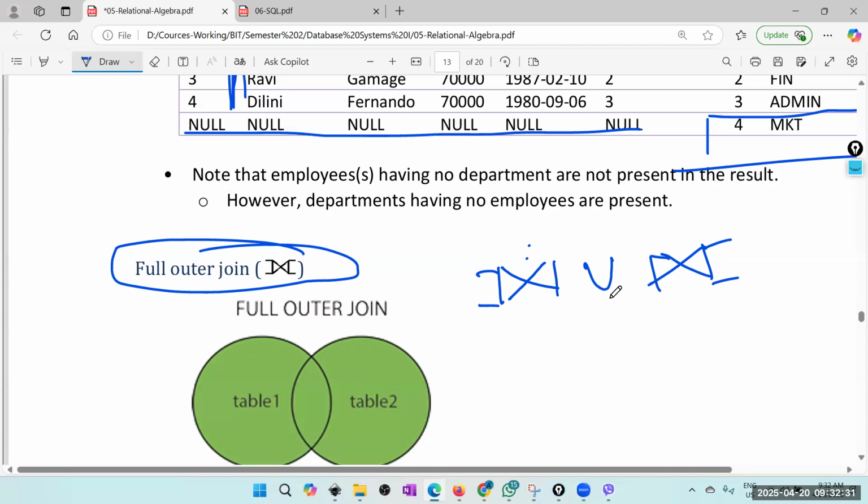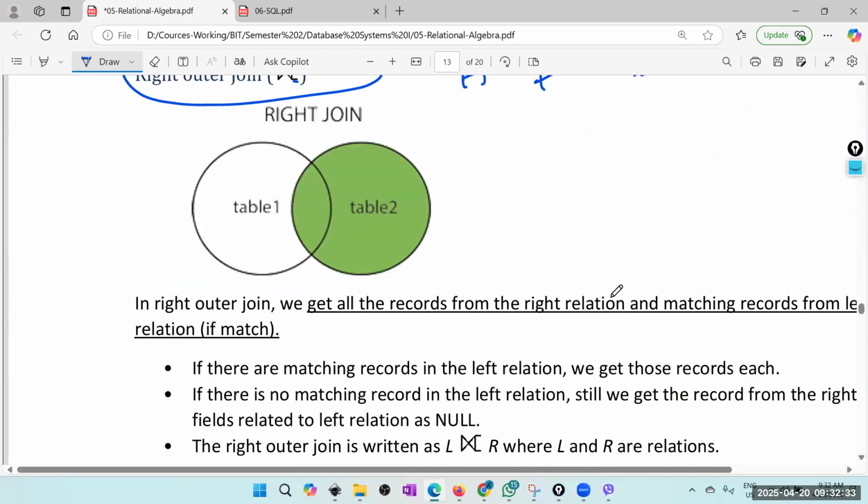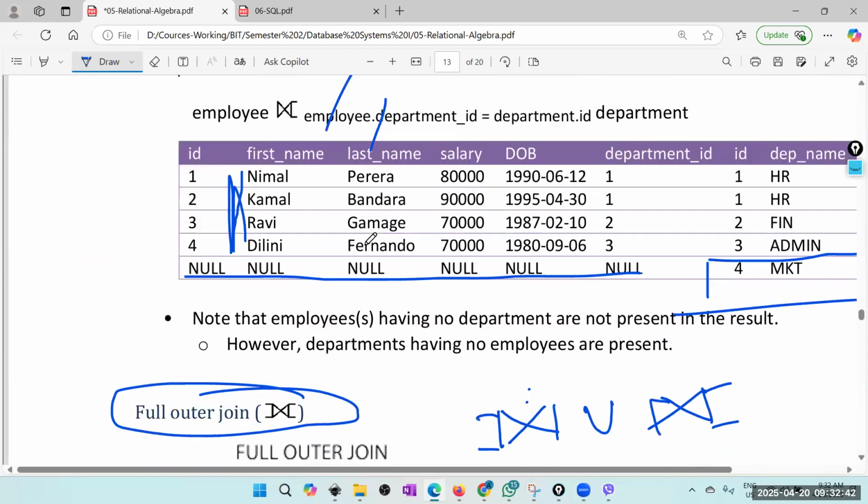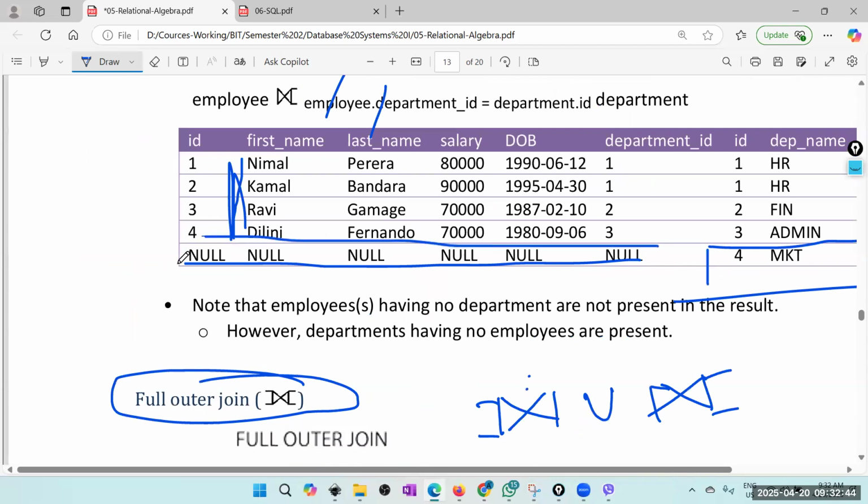So you are going to have the common records, plus in your full outer join you are going to have this record, that is employee without department. And you are going to have this record also, that is department without employee, because it's a union of both. So that means all the related employee details, employees without department records and departments without employee records, all those must be in your full outer join, but none of the records are duplicated.